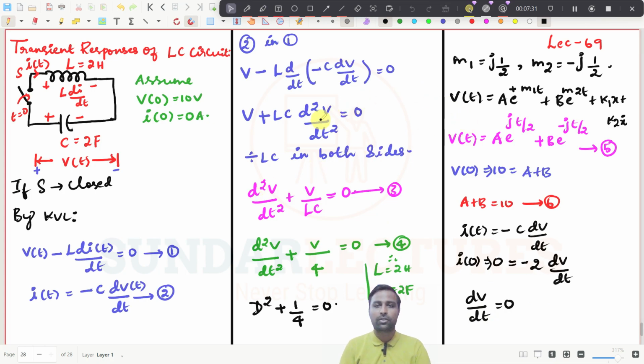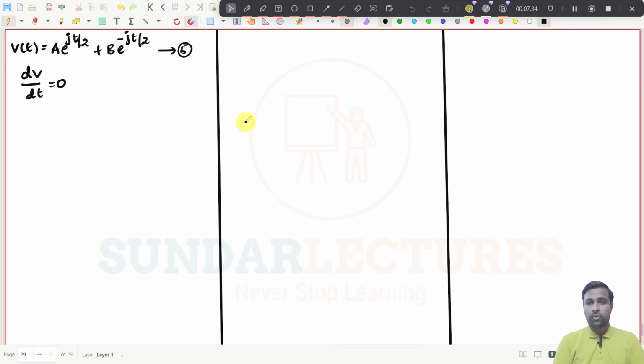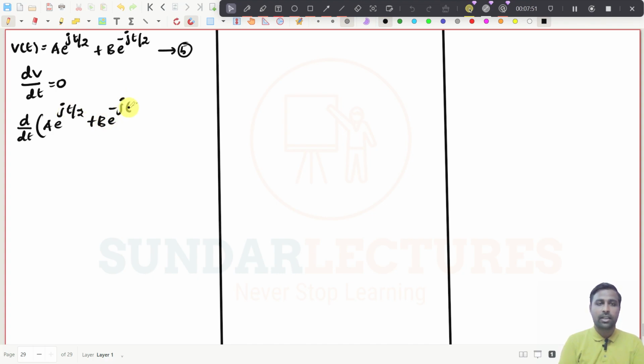So I will take it to the next page. Now you see I have taken it to the next page. Now we have to differentiate this expression, right? I will get d by dt of a e power j t by 2 plus b e power minus j t by 2, and that should be equal to 0.